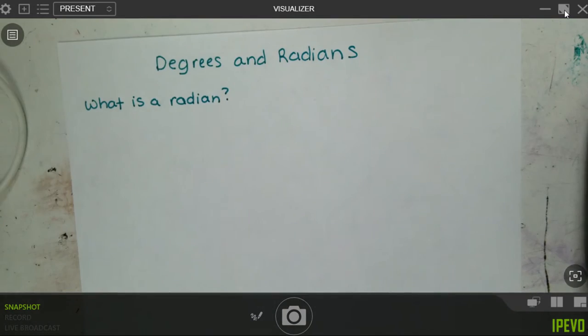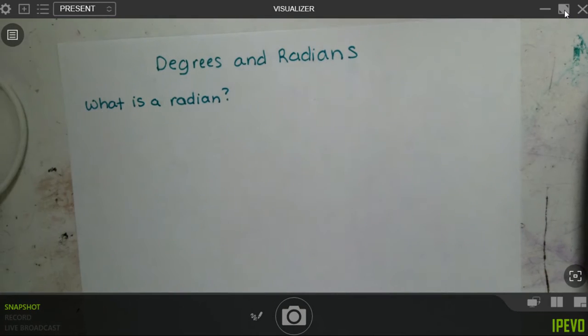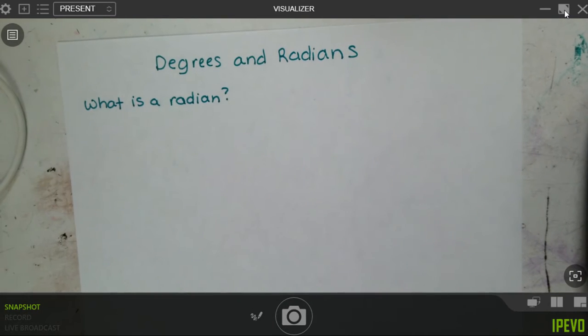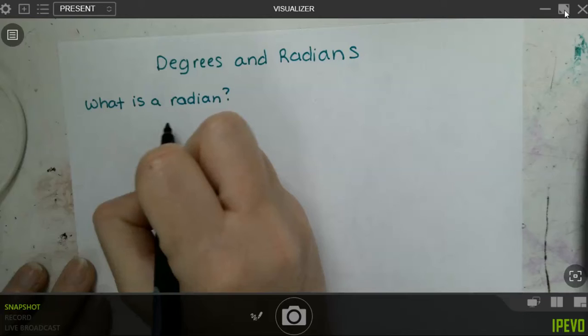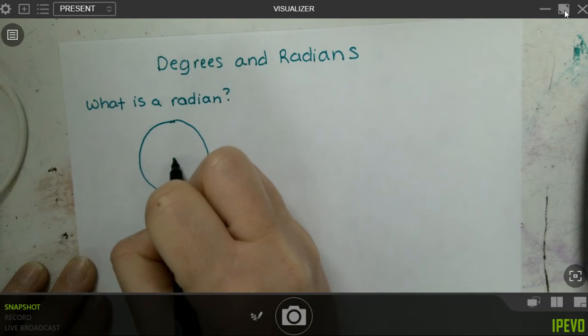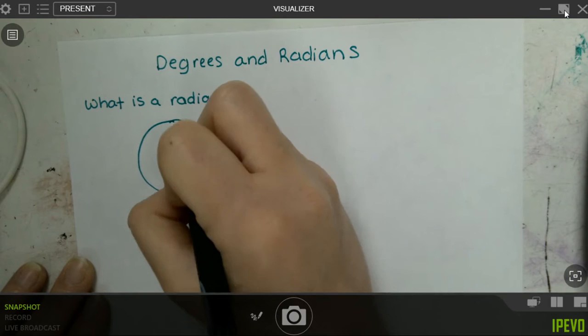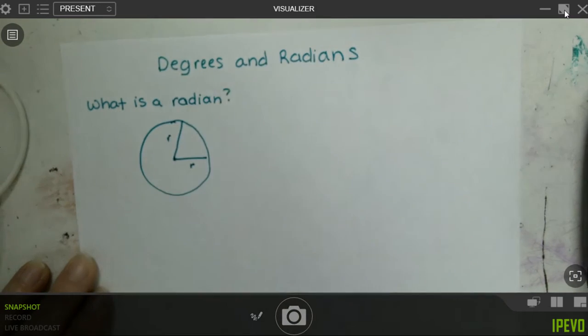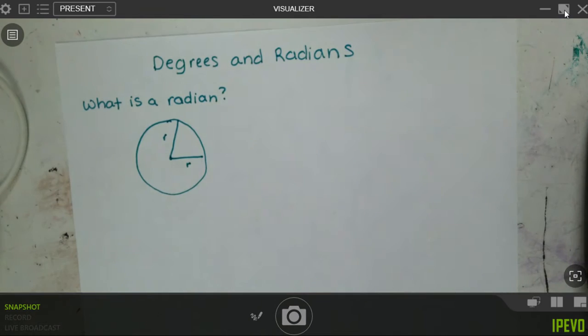It's a unit of measurement that allows us to work with units and all sorts of different things and kind of get everything onto the same page. So if you picture a circle with a radius r, then anywhere you draw from the center to the outside, there is a radius r.